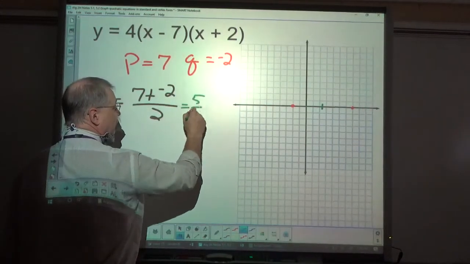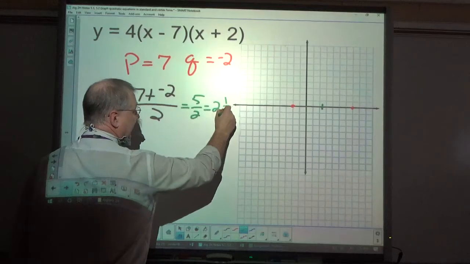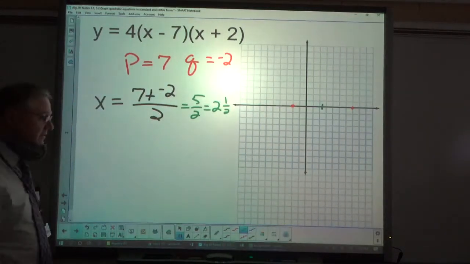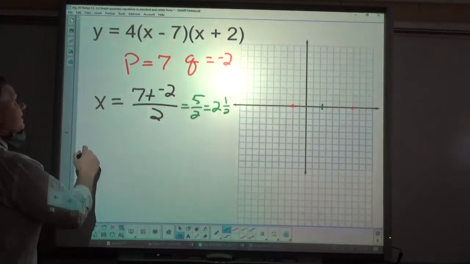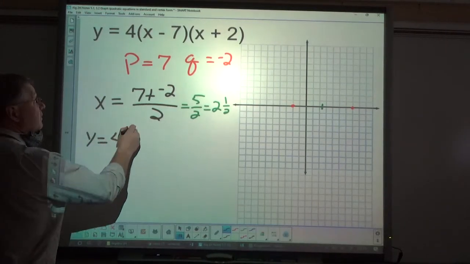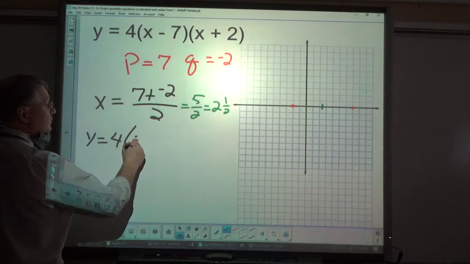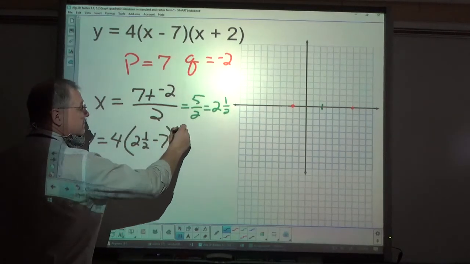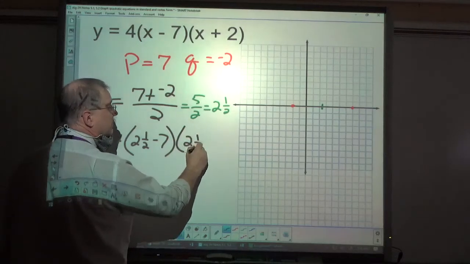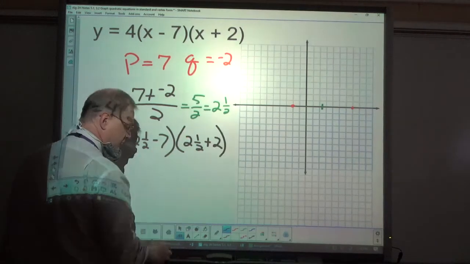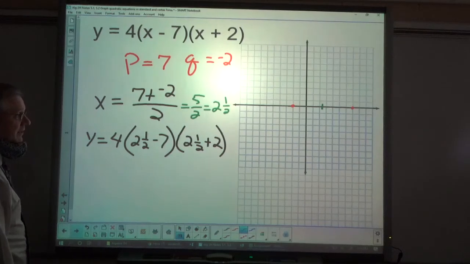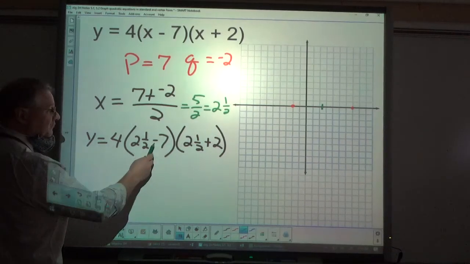So this is 5 over 2 or 2 1/2. 1, 2 1/2. Sure enough. All right. So the y value, I'm going to write it as 2.5 just because it makes it a little easier to do this problem, at least at first. 2.5 minus 7.